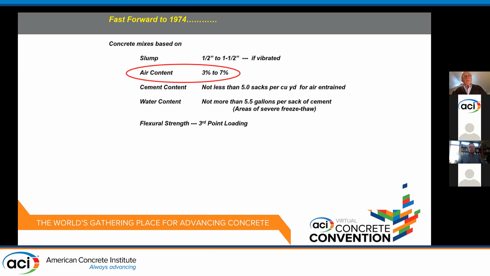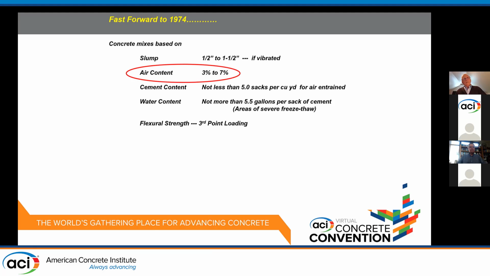An important point here on air content. Ray talked about it in his discussion of the 4% versus 6% and the like. But what I found over the years is that for every 1% change in air content, I change the flexural strength about 5%. So if I'm having strength problems on my project as a contractor, I just say, hey, lower the air content, and the strength probably goes up.